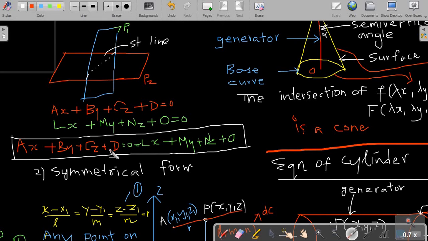So we write ax plus by plus cz plus d equals 0, and then lx plus my plus nz plus o equals 0. This is one of the straight line equations.